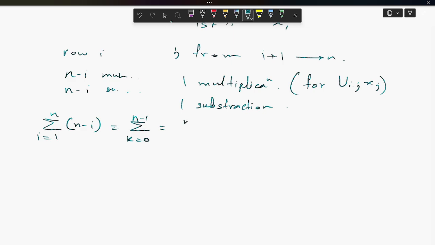So that is equal to n into (n minus 1) by 2. Thus the total number of operations will be big O of n square.